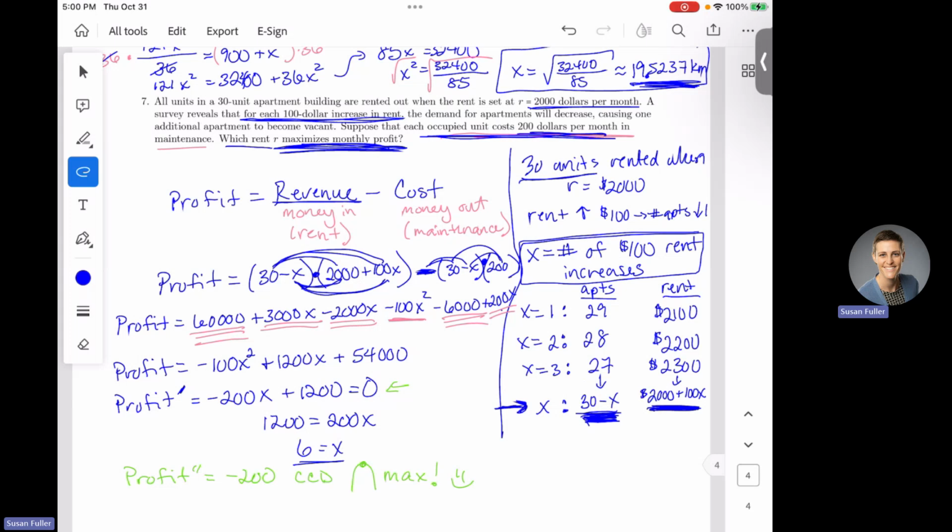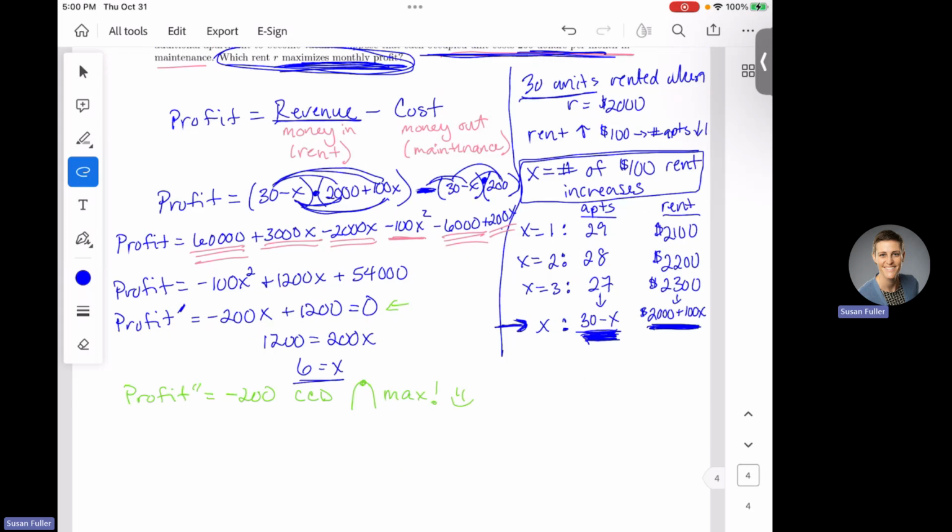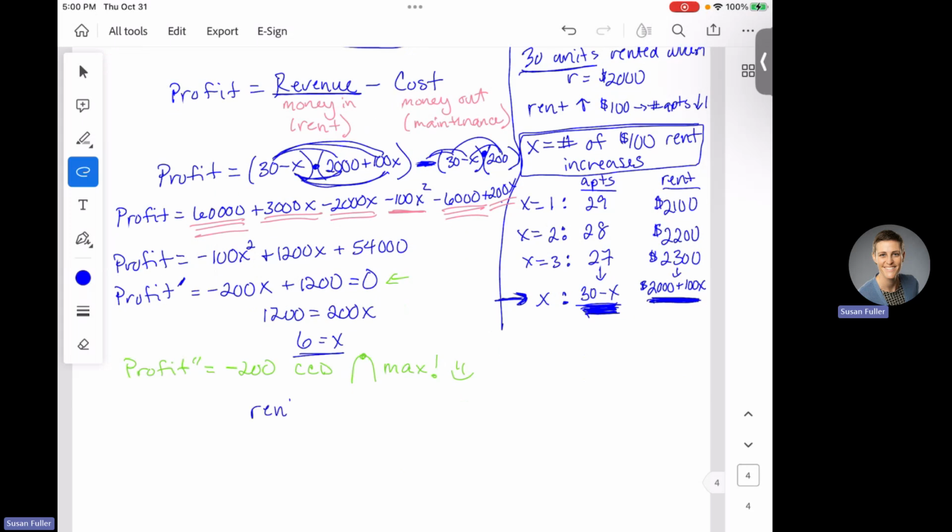So to answer the question of which rent will maximize monthly profit, our rent is basically going to be this. We're going to take that $2,000 that we started with, and we're going to add $100 to it 6 times, and we're going to end up with a rent of $2,600. That is the rent that's going to maximize our monthly profit.